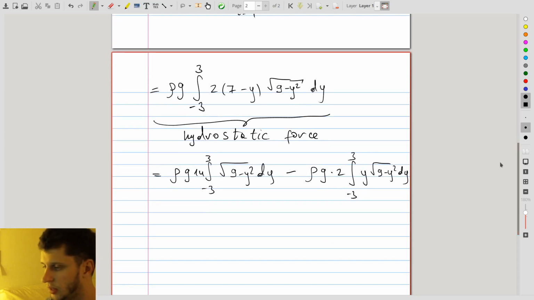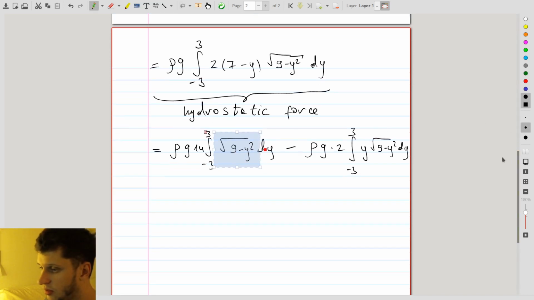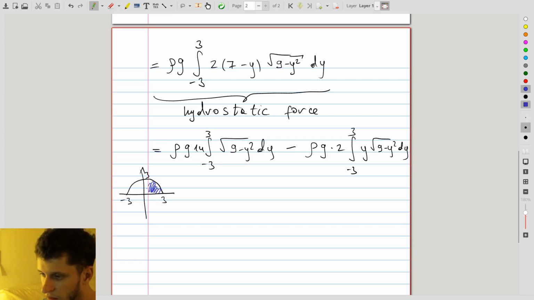Now, another way to take a shortcut here is to notice that the expression you're integrating in the first integral is just a semicircle. The square root of 9 minus y squared corresponds to the upper half of the circle of radius 3. So what we are doing is integrating this function from -3 to 3.